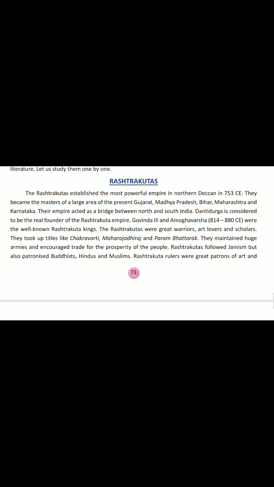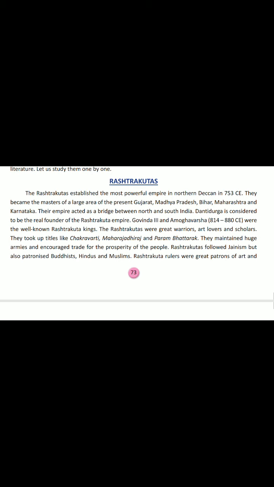The Rashtrakutas were great warriors, art lovers, and scholars. They took up titles like Chakravarti, Maharajadhiraj, Param Bhattarak. They maintained huge armies and encouraged trade for the prosperity of the people.